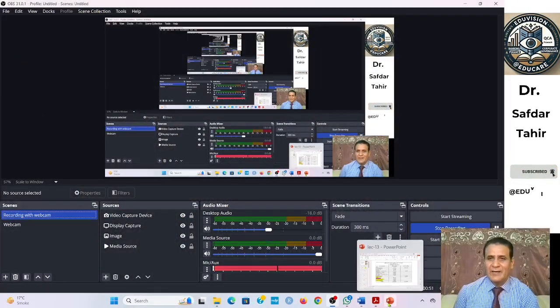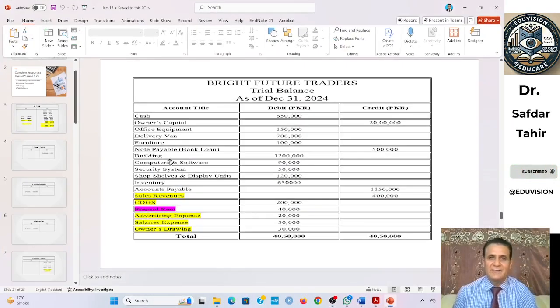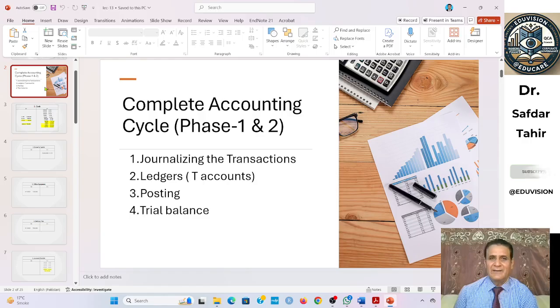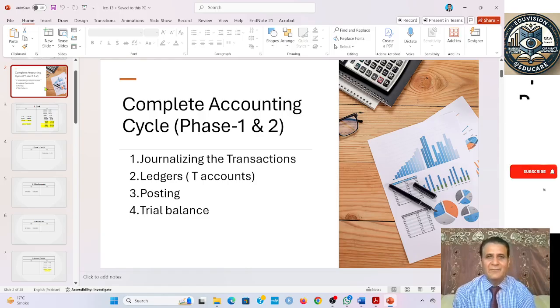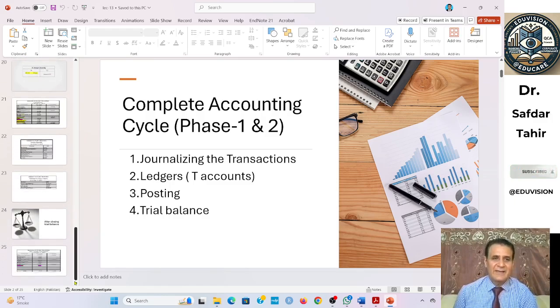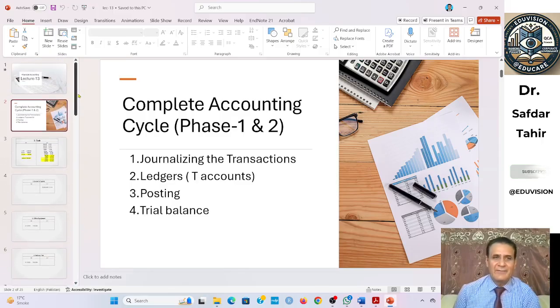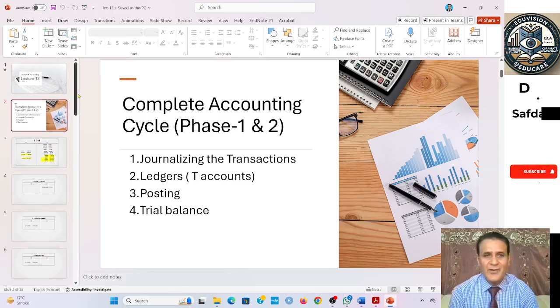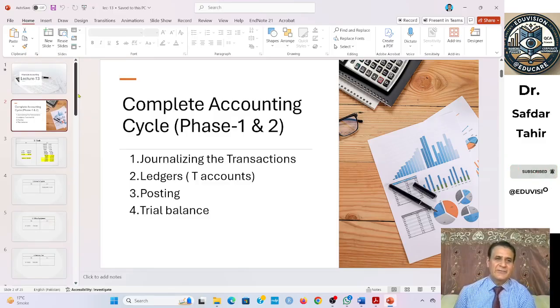Look at it, we have already made this trial balance in the previous lecture. Certainly, we are in the second phase. In this lecture, we will understand how to make the income statement.